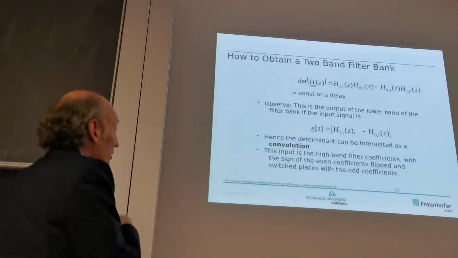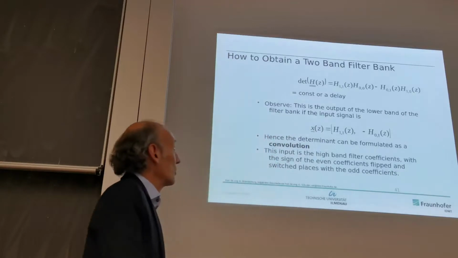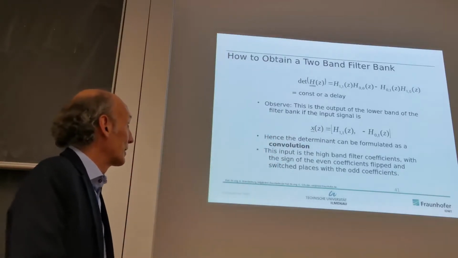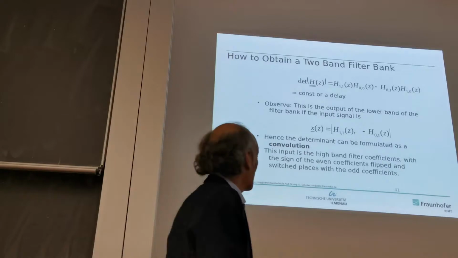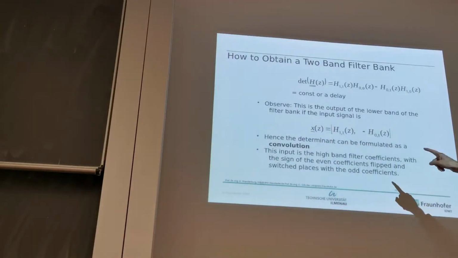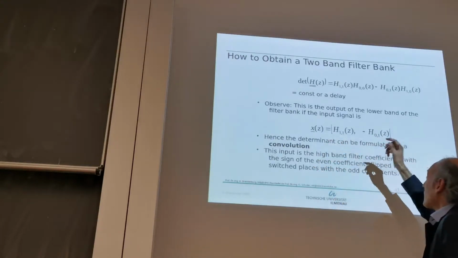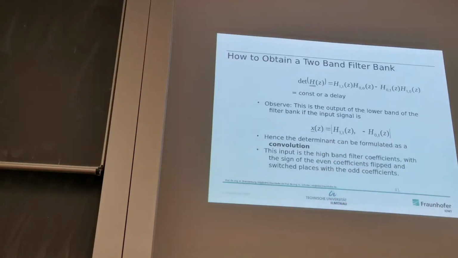Yeah, and when we look at it, this is the formula that's now constrained to be a constant or a delay. And when we look at this formula, this is the output of the lower band of the filter bank if the input signal X consists of these Z-transforms. Right?